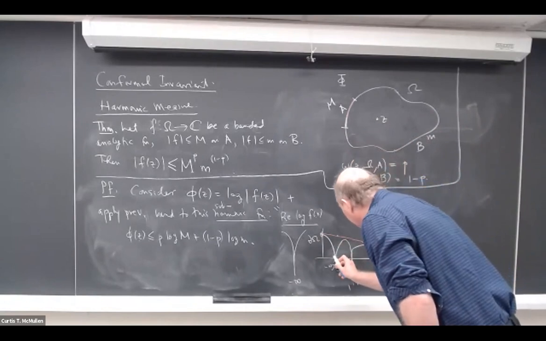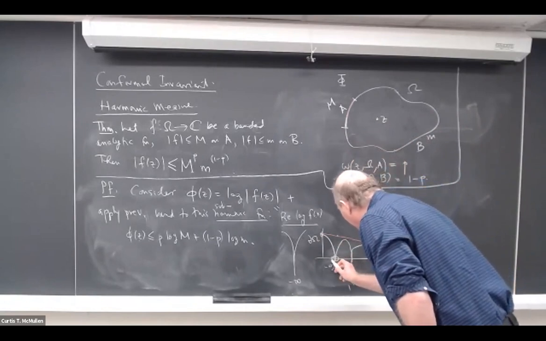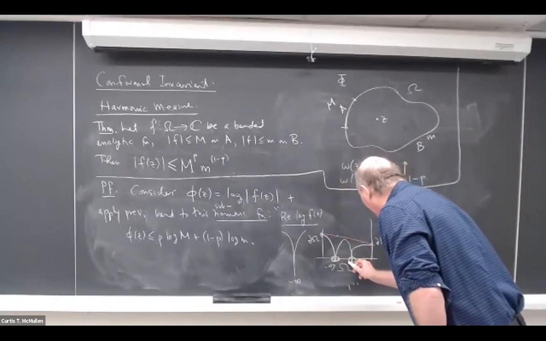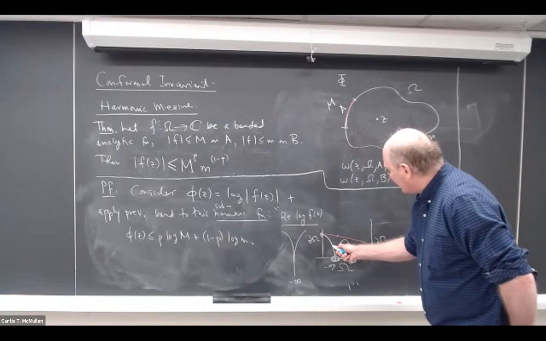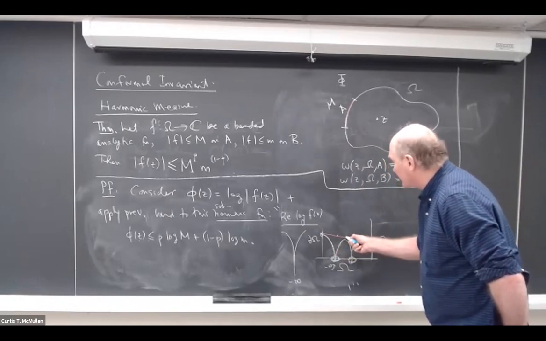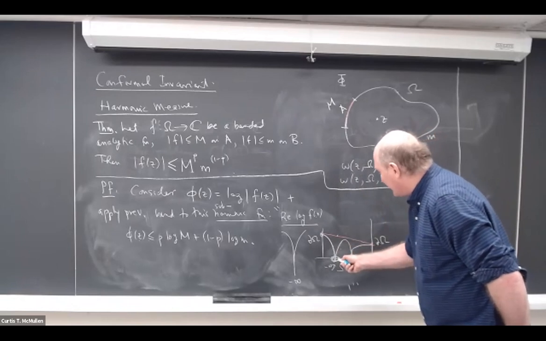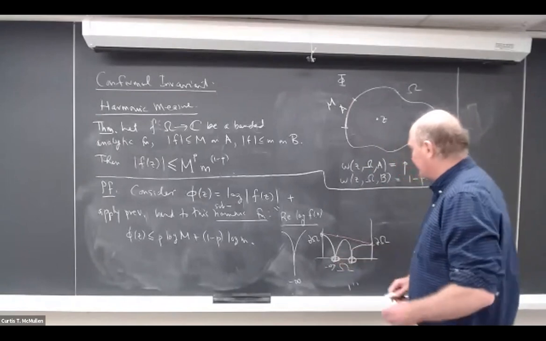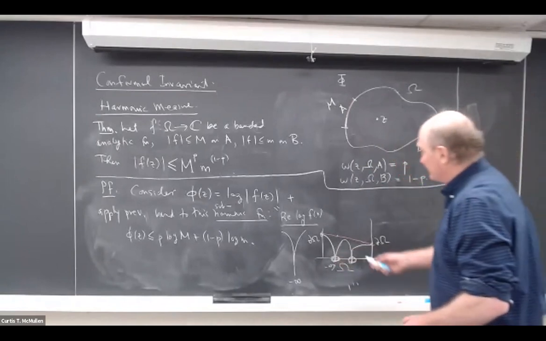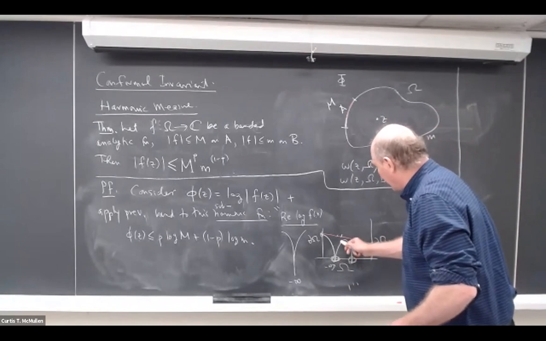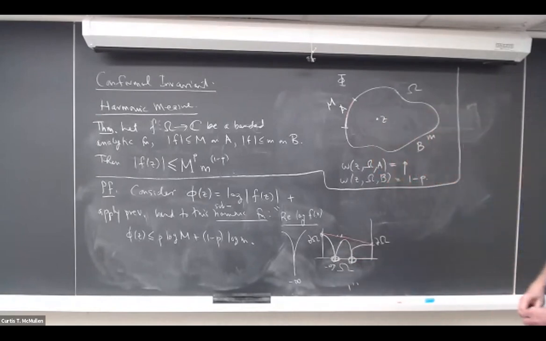So you could just excise from omega a small ball around this point and another ball around this point. And now the white curve is harmonic on the complementary region, as is the red curve, and the white curve lies below the red curve on the boundary of the region with these two holes introduced. And then by the usual maximum principle, the values of the white curve are majorized by the values of the red curve.